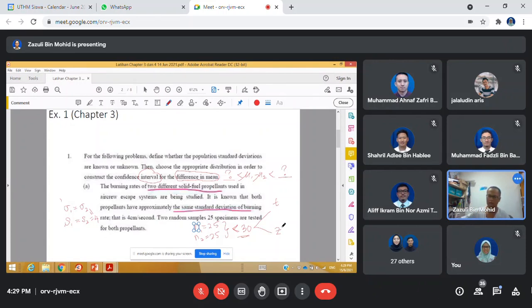Okay. Boleh tolong siapa-siapa beritahu ini T ke Z distribution? Dah pernah nampak ada orang ni? Pada masa lepas. Ada orang tak?